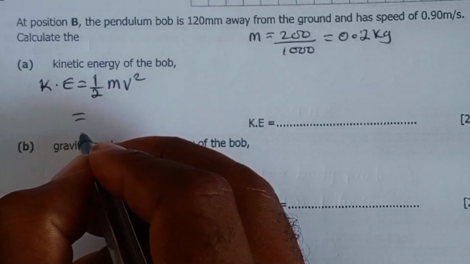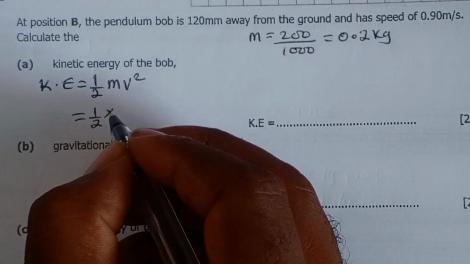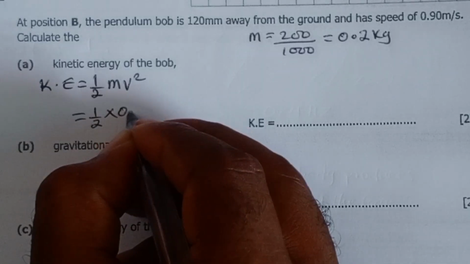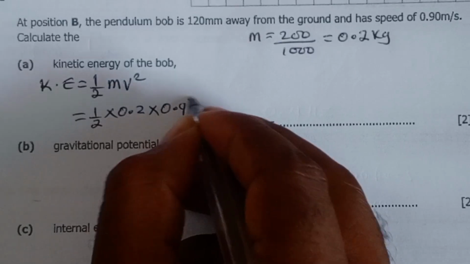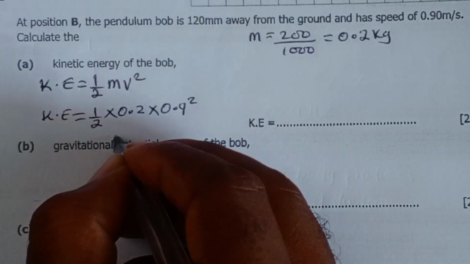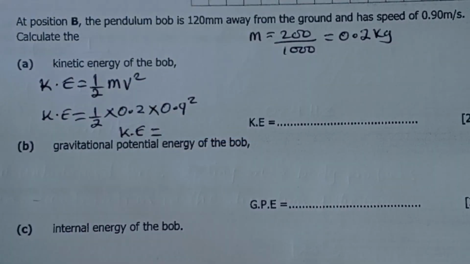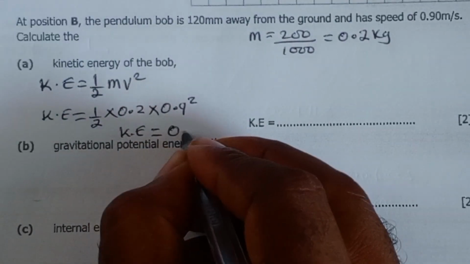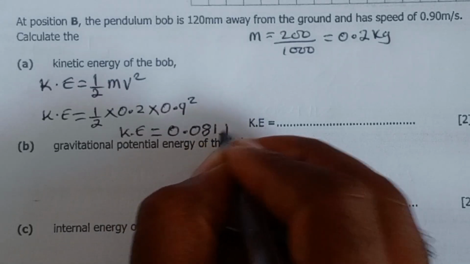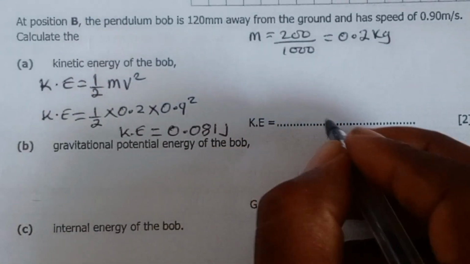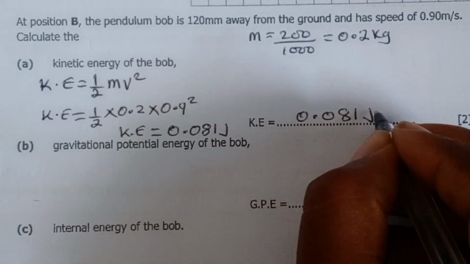So kinetic energy is equal to 1 over 2 times mass 0.2 times speed 0.9 squared. So kinetic energy is equal to, the answer is 0.081 joules. So that is kinetic energy, 0.081 joules.